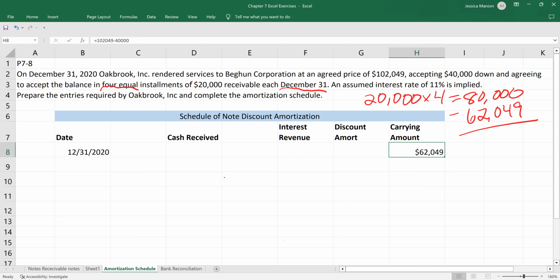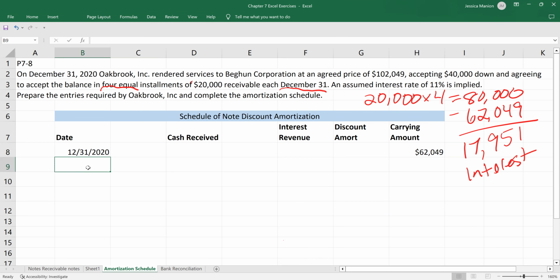We're charging them interest, right? They're paying us 80,000 for a note of 62,049. Basically, we're charging them 17,951 in interest over the course of the 4 years. That's going to be our interest revenue over the course of the 4 years.